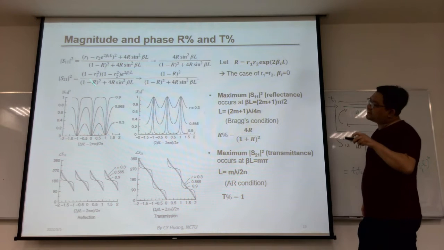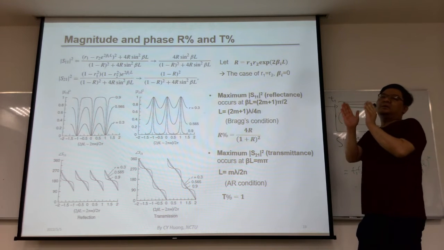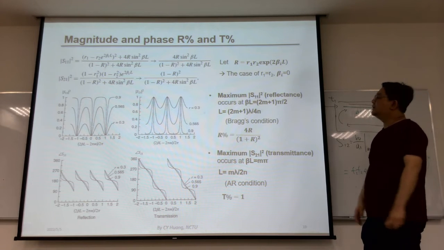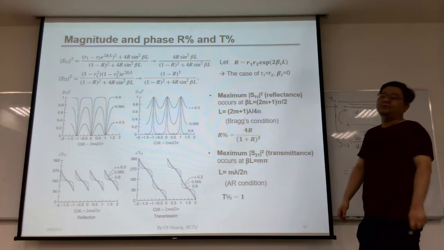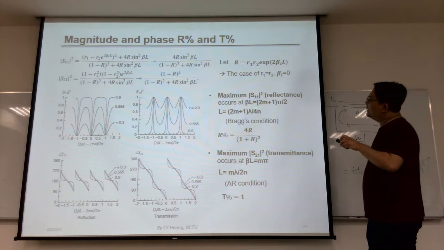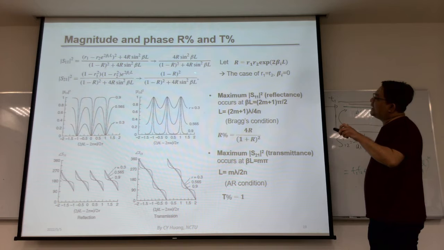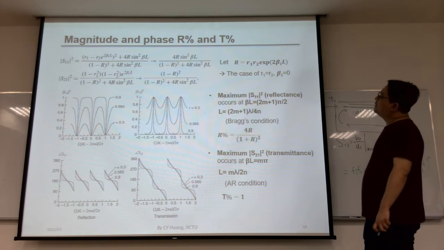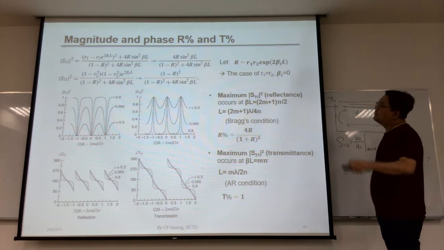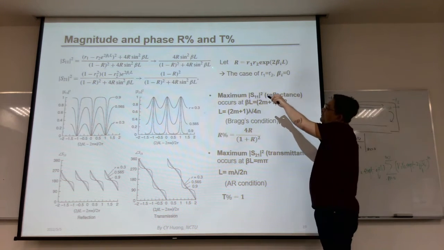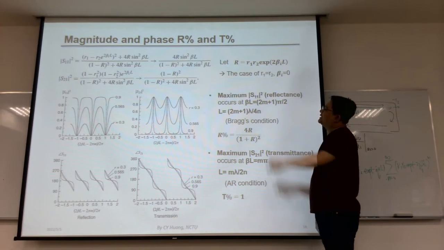So when does this single-layer Fabry-Perot-like etalon have the maximum reflectance? It happens when the sine beta L is 1, because if it is 0, it goes to 0. So the larger value happens when the sine beta L is equal to 1.